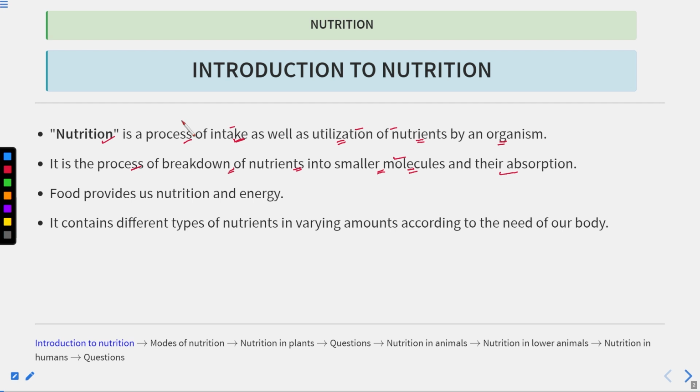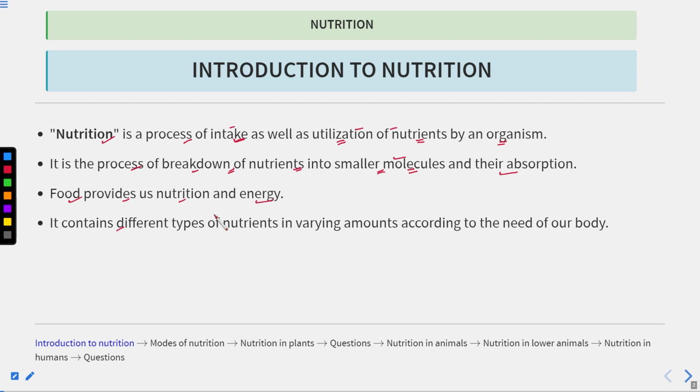All right. So there is an ingestion of the food. Ingestion of the food means intake of the food through the mouth. Now, after ingestion of the food, what happens? There is a breakdown of the food, and the food provides us nutrition and energy.